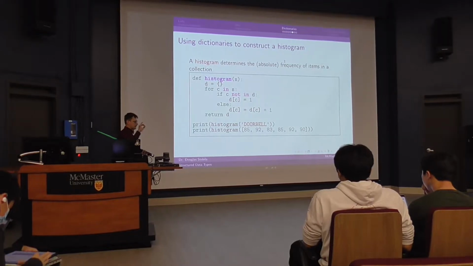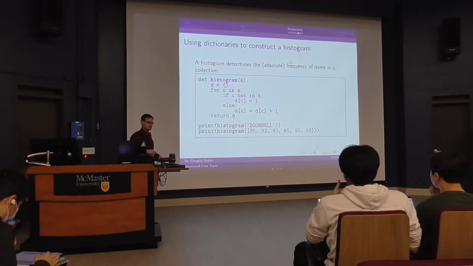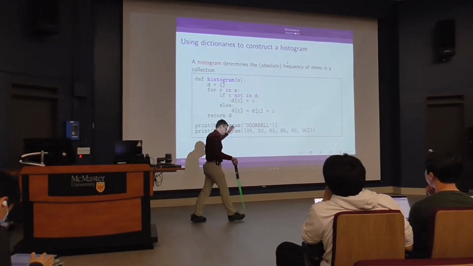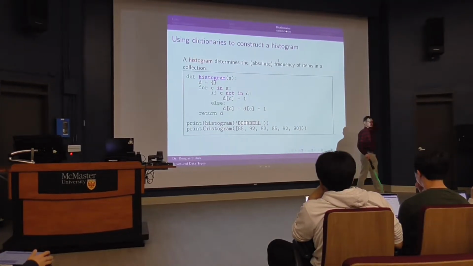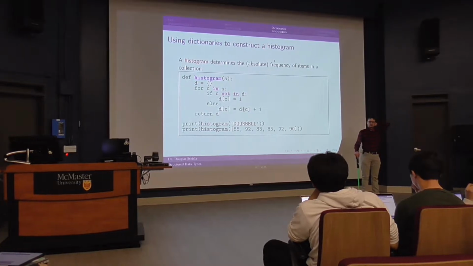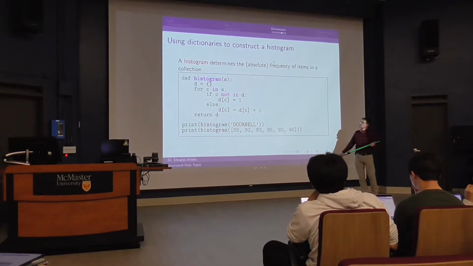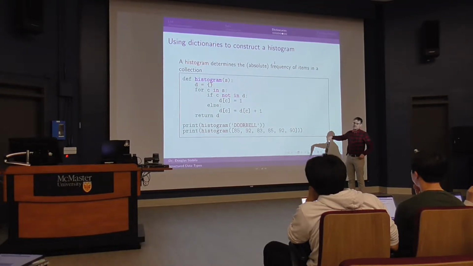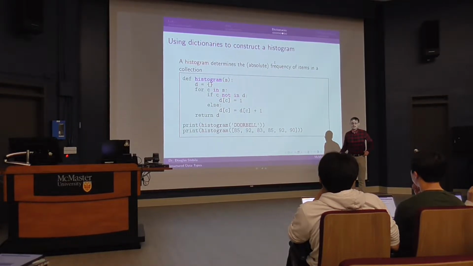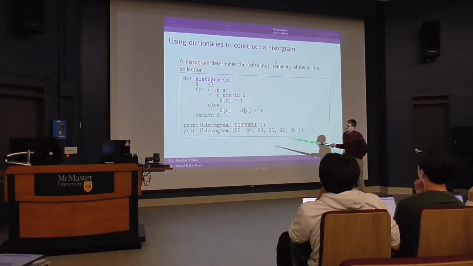Right. So we were talking about dictionaries, right? This is our first programming example of an algorithm requiring a dictionary. We are deriving a histogram from some set of data, right?